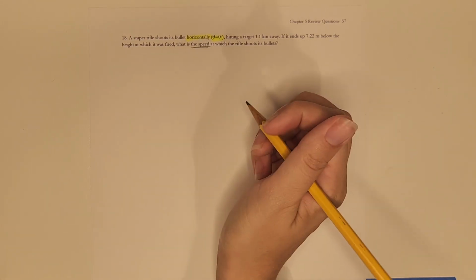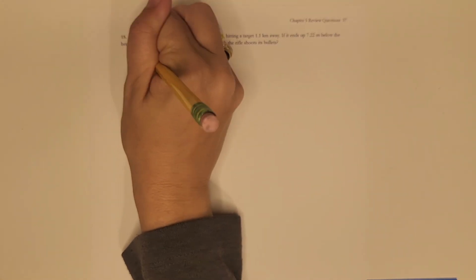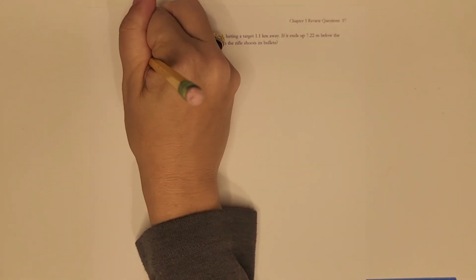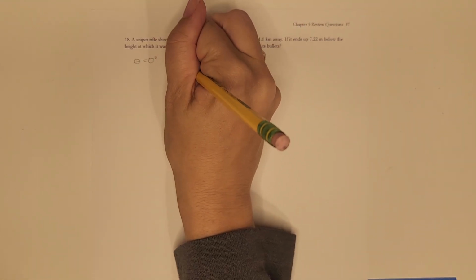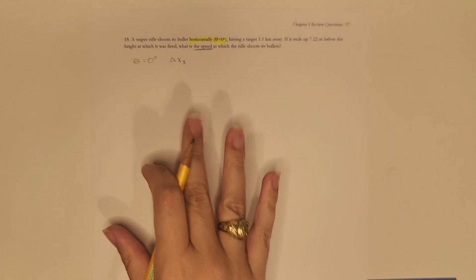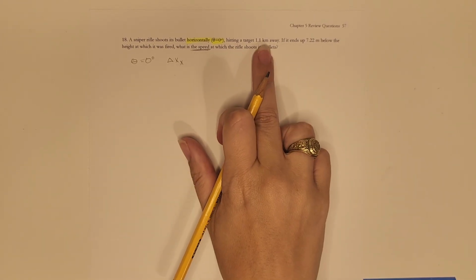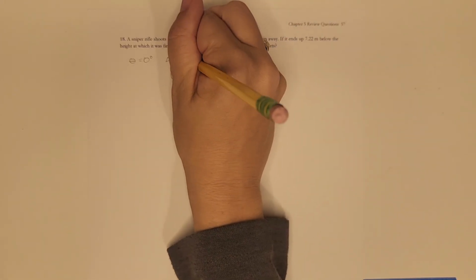Okay, so let's write down what we have. Our angle equals 0 degrees. Our delta x is 1.1 kilometers.